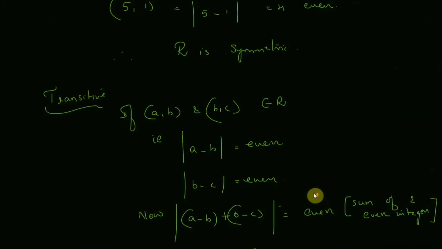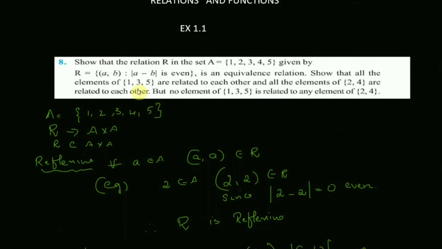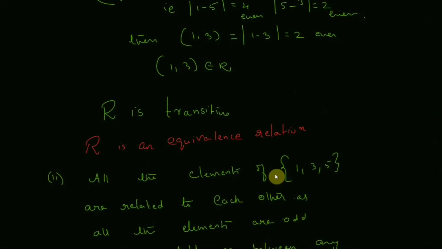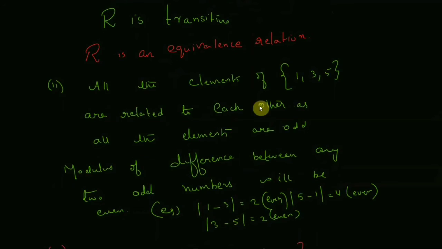The second part of the question is to show that the elements 1, 3, 5 are related to each other. {1, 3, 5} is a subset of the set {1, 2, 3, 4, 5}. They are related to each other because the difference of two odd numbers is always an even number.